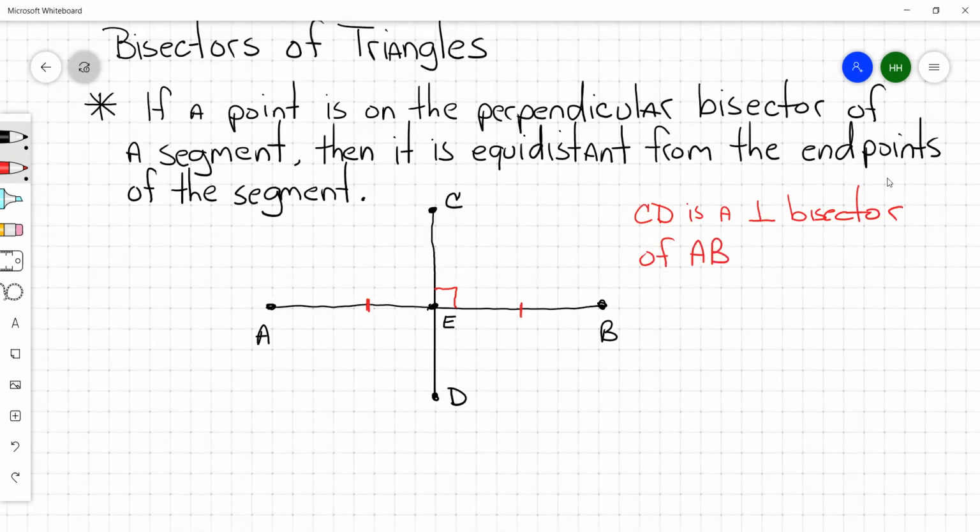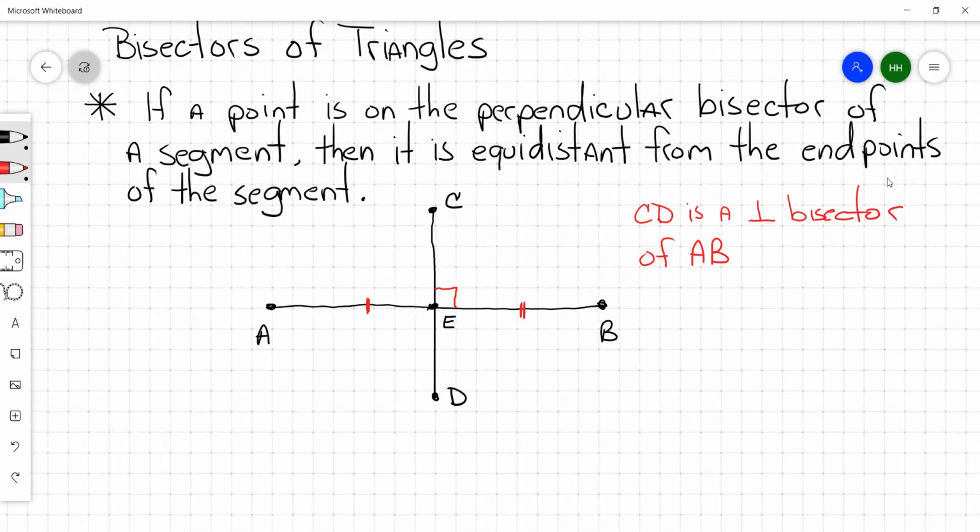It intersects it at 90 degrees and it cuts it in half. What the theorem says is if a point is on the perpendicular bisector, that means any point that's on CD is equal distance from the endpoints of the segment.